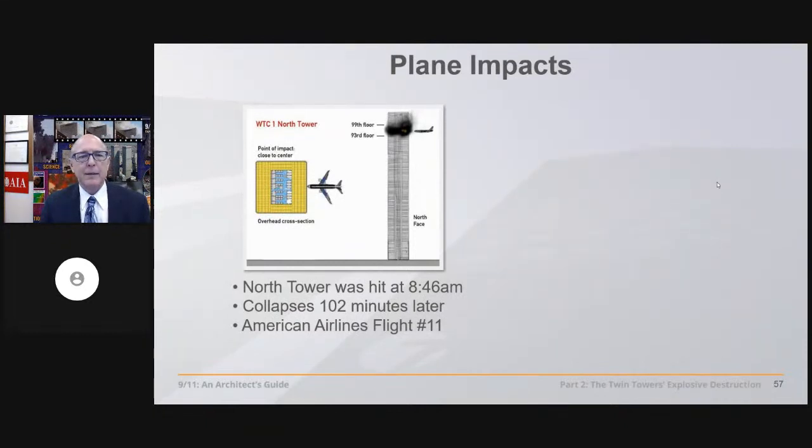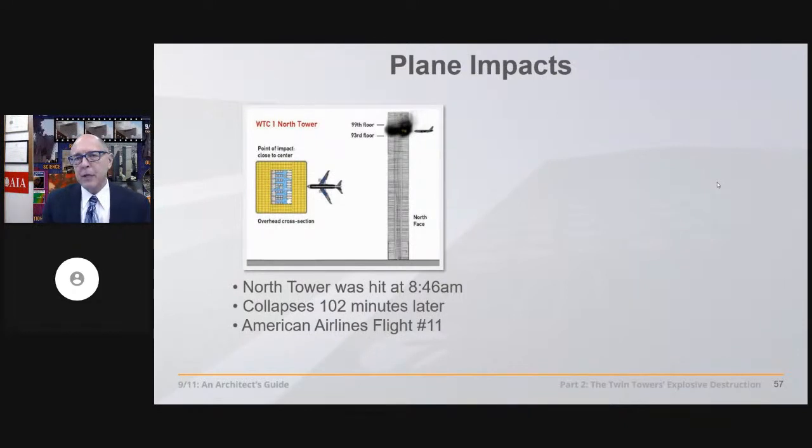The plane impact: the North Tower was hit at 8:46 in the morning. It collapses about 102 minutes later. So a lot of people associate the collapse with the impact of the airplane, the huge explosion. No, in fact, NIST acknowledges that the jet fuel simply lit a fire, which then lasted, in this case, 102 minutes.